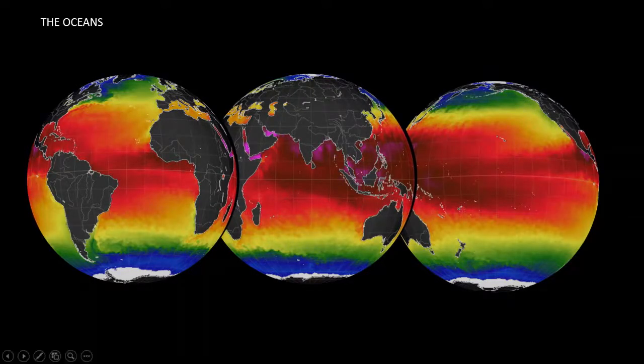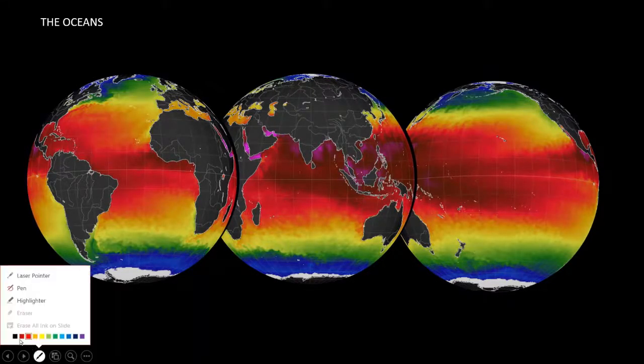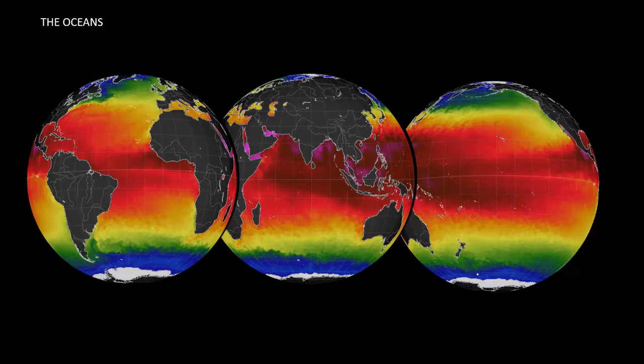So we all are aware that the earth, which is 75% covered by water, has not more than 2% potable water or fresh water.